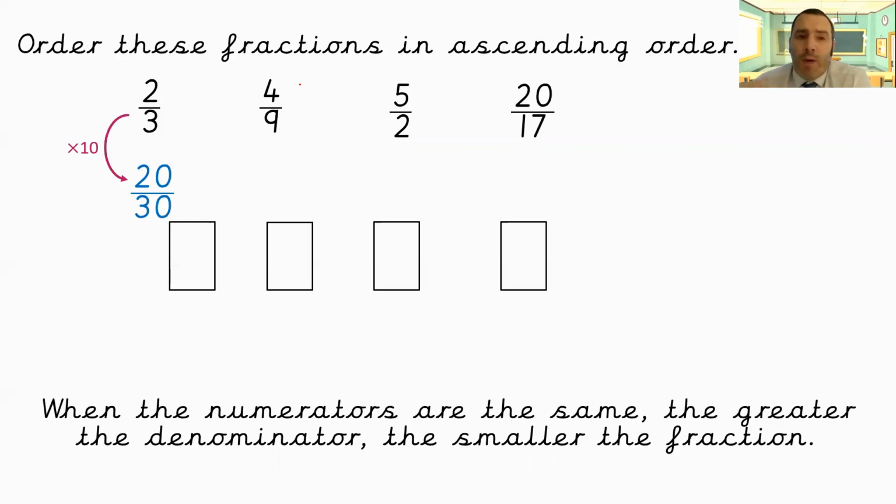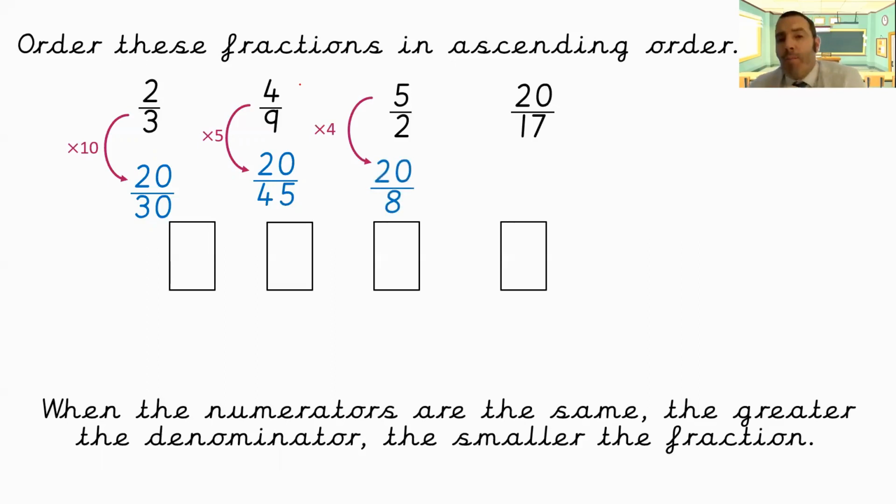So 2/3 becomes 20 over 30. 4/9, 4 times 5 is 20. So I'm multiplying both numerator and denominator by 5 to give me 20/45. 5 times 4 will give me 20. So 5/2 becomes 20/8. And our final number, I don't need to do anything with. It's already got 20 as the numerator.